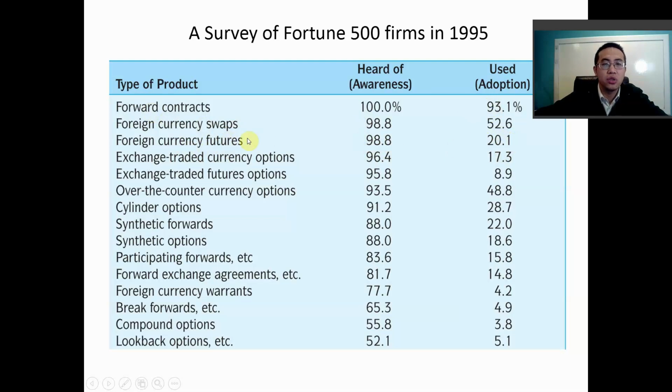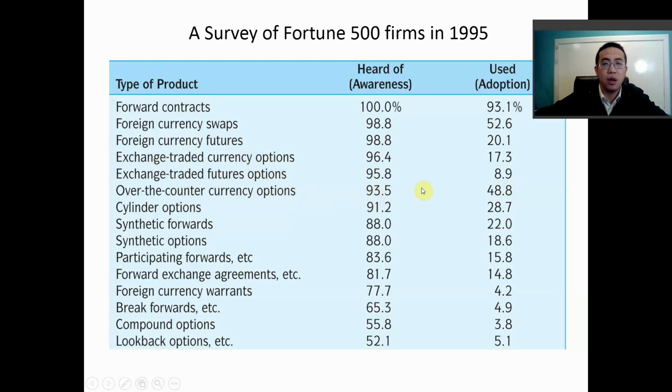Forwards and futures serve the same purpose because it's about signing an obligation to buy or sell foreign currency at a predetermined price, but futures are more standardized to trade. And they have also heard of and used currency options, futures options, and some of the options are traded on an exchange floor, and some of them are traded over the counter.